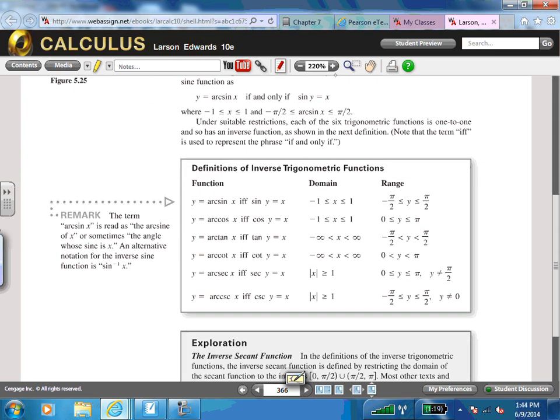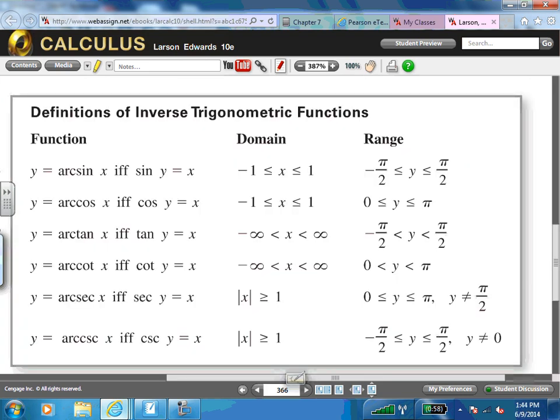So there are domain and ranges for our arc functions, also known as our inverses. Now they list our domain a little bit different for arc cosecant. This is just a fancy way of saying that the domain is going to be greater than positive 1 or less than negative 1.